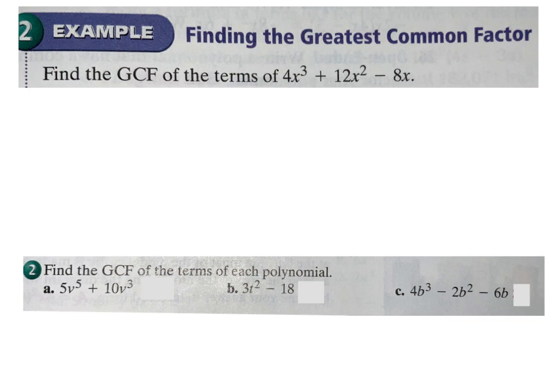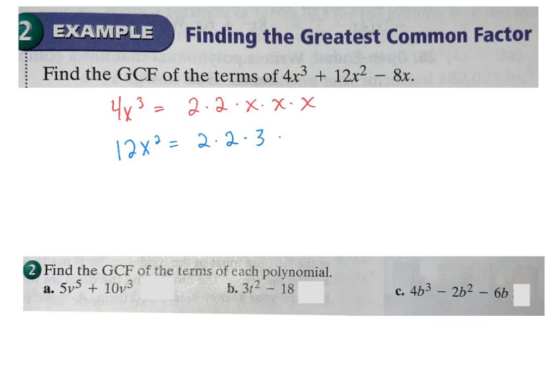All right, you're going to look at the first term, the 4x cubed. And I'm going to break that down into the smallest primes that I can. That would be 2 times 2. And then for the variable, there's 3 of them, x times x times x, right? If I look at the 12x squared, that's also going to be 2 times 2, which is 4, times 3.